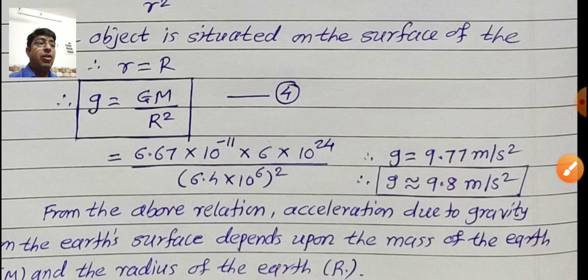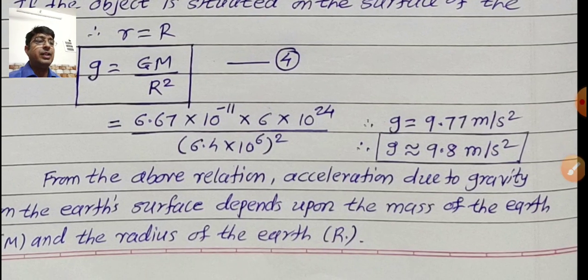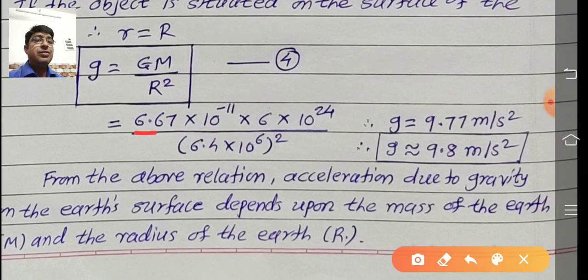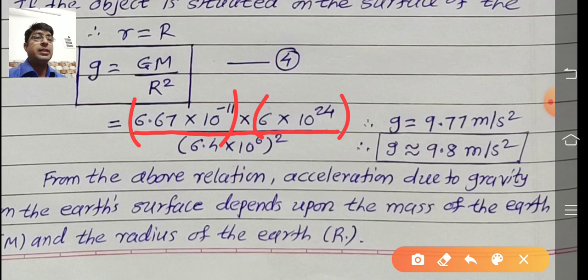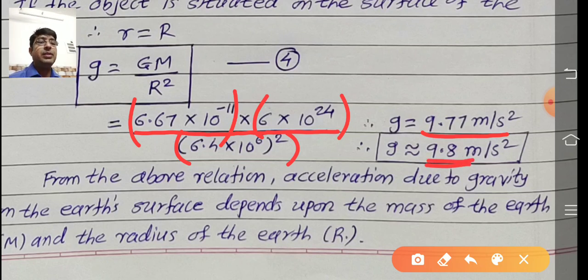If we substitute all the values, we see the calculation. After substituting, this is the value of capital G. Next is the mass of the Earth, and in the denominator the radius of the Earth. After calculation, we get the value 9.77 meter per second square. Approximately, for calculation, that value is 9.8 meter per second square.